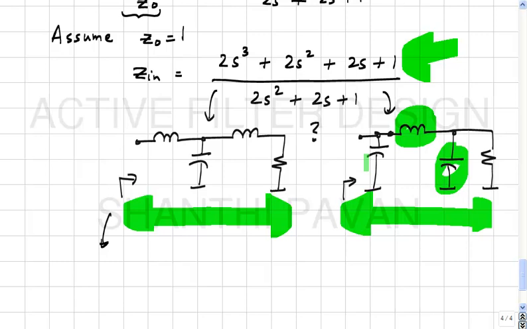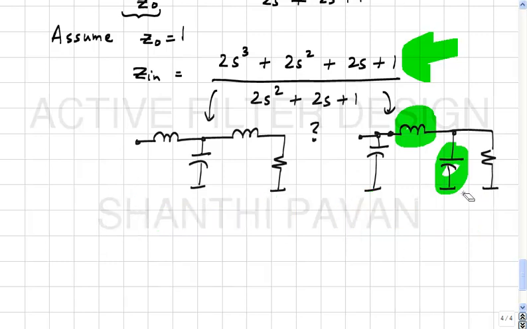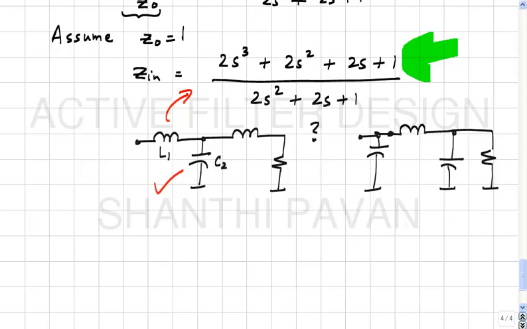Okay, so this is the network that corresponds to this. Is that clear? Now let's call this L1, C2 and L3, and the last one Z0 we have assumed to be 1. Correct?